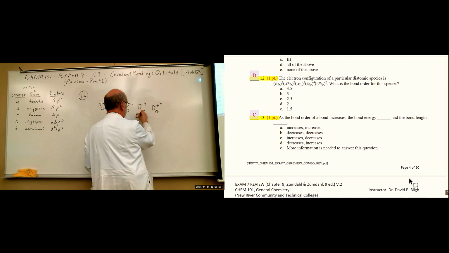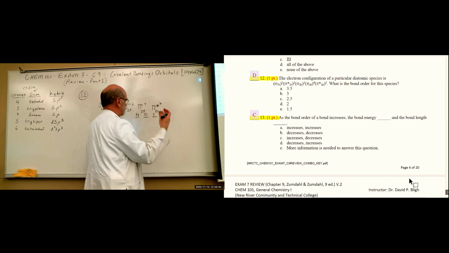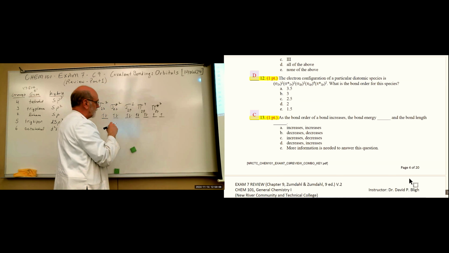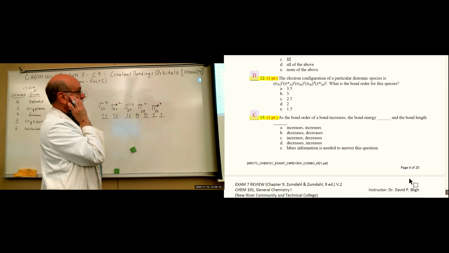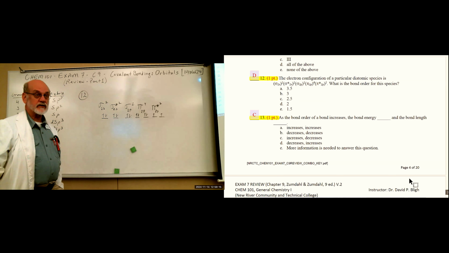So this one would be like that, like that, like that. And this one would be like that. Just if you're curious. And each one of these would be like that. Okay. What's the bond order for the species? It's a simple calculation.